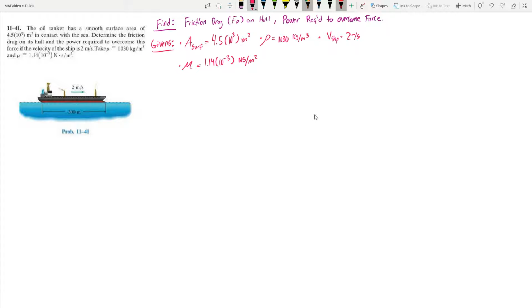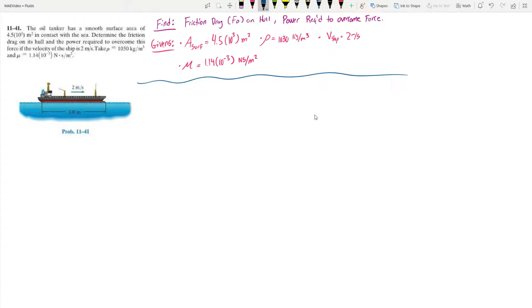Okay, so if you recall from our last video, I wrote out the steps we would do to solve this problem. So I'm just going to go over that one more time. The first thing we're going to want to do is find the Reynolds number.